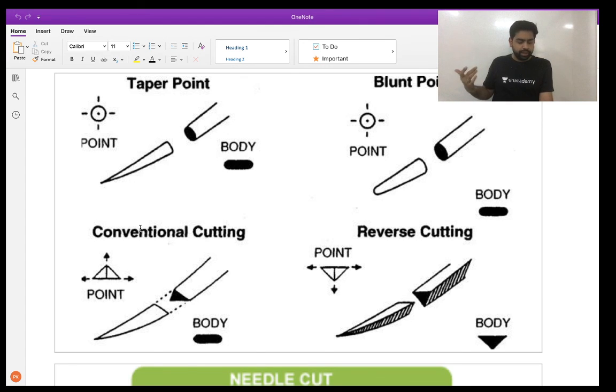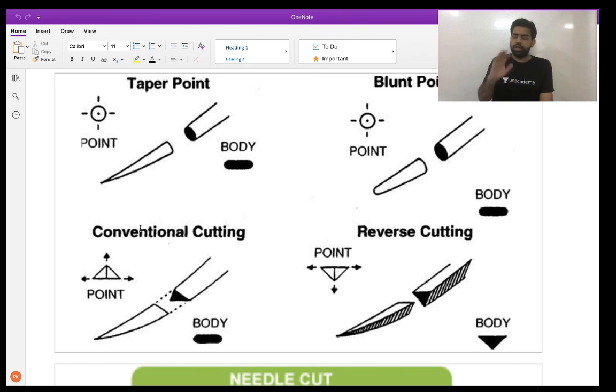Now we as human beings, we always want more. So what do we want? We want the advantages of a cutting as well as the blunt needle. So for that you have a taper point. What do you understand by the taper point? If you have a pointed end, it will easily enter into the tissue, and if you have a round body, it will cause less trauma to the tissue.